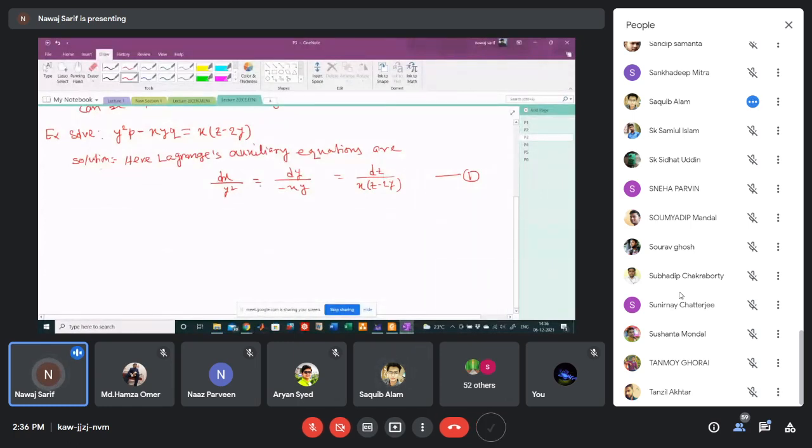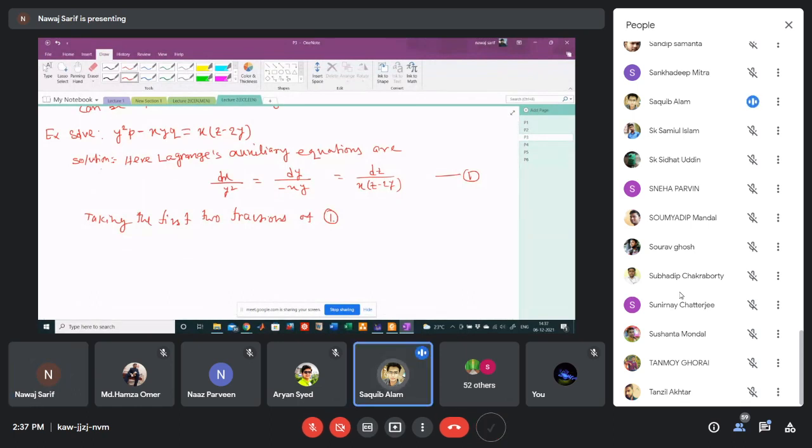Taking the first two fractions of 1, then what will you get?